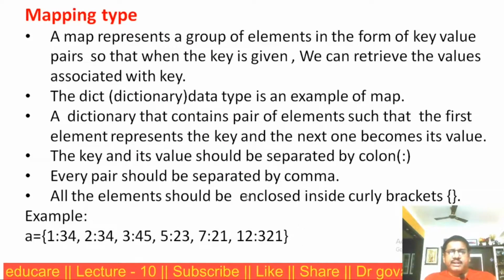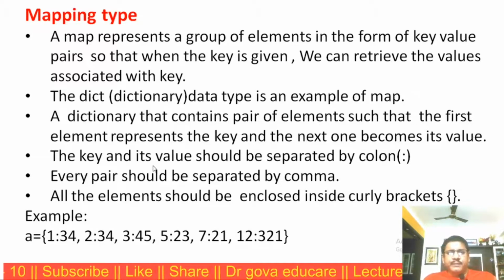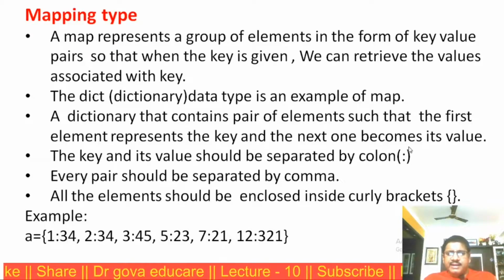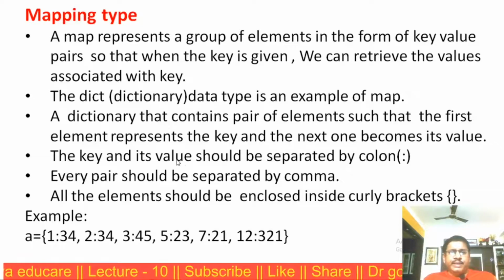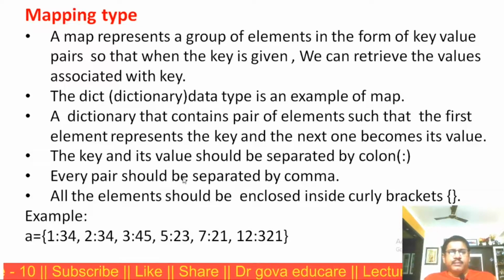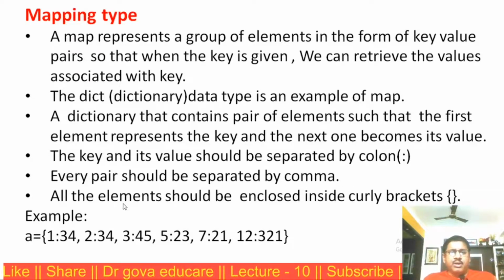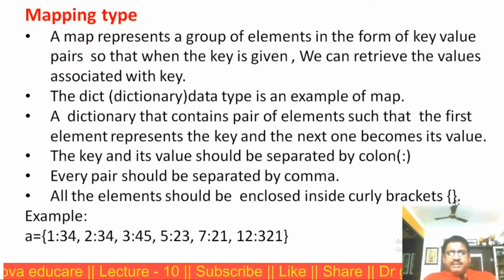Now a dictionary contains pairs of elements such that the first element represents the key and the next one becomes its value. The key and its value are separated by colon. Every pair should be separated by comma. All the elements should be enclosed in curly braces.